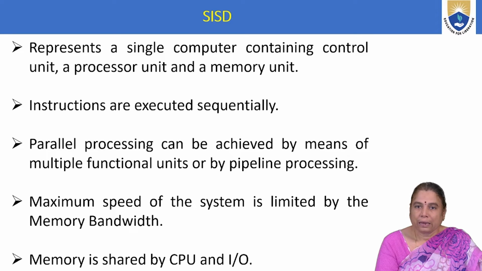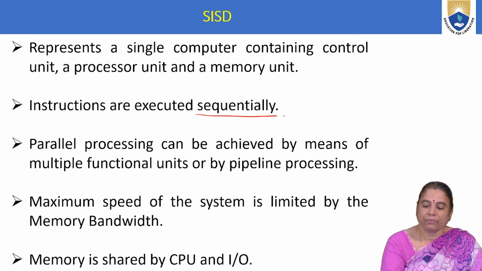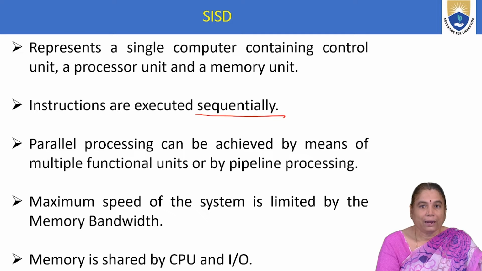In this type of computer, the instructions are executed sequentially, one after another. Parallel processing can be achieved with the help of multiplicity of functional units or with pipelined processing.